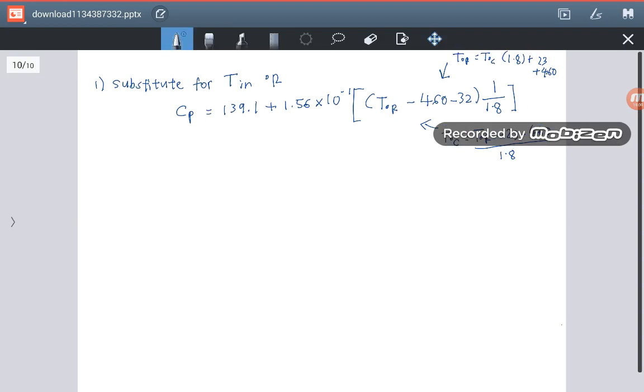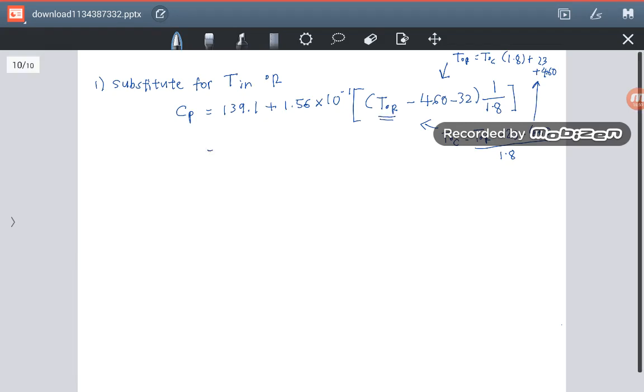This is actually coming from this, and that's what we are going to put in this bracket here, because the question asks so that the relation can be expressed in terms of T Rankine. So you need to solve this equation.